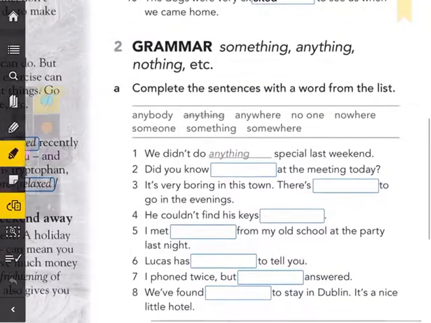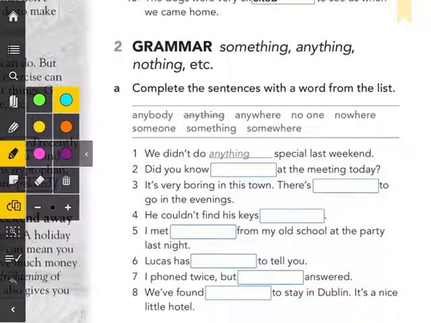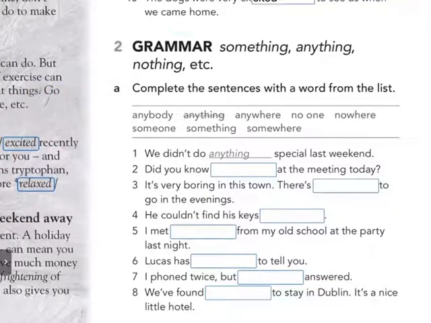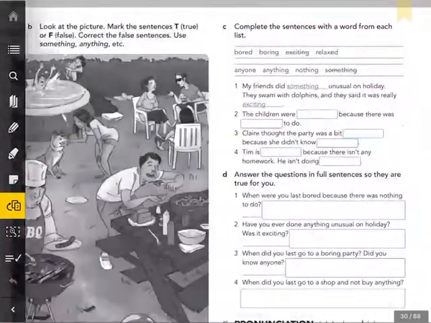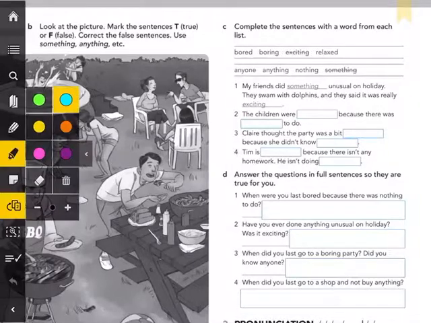Exercise 2, grammar, something, anything, nothing, etc. So I'd like you to do exercise A, complete the sentences with a word from the list. There is an example. Let's read the example. We didn't do anything special last weekend. Okay, that's exercise A.